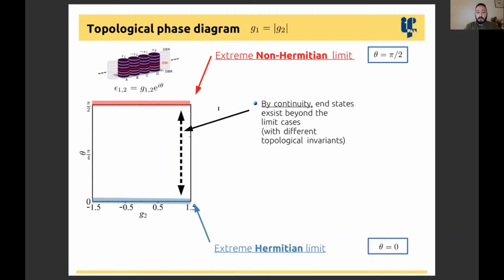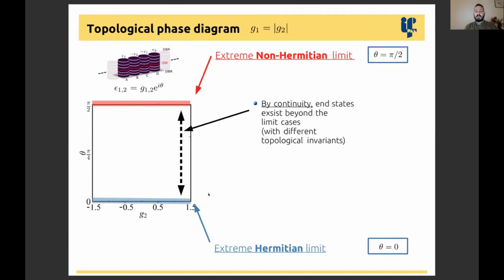The situation completely changes if the strength of the on-site potential is close to zero, if we decrease the intensity. So what we have actually is that if we start from the Hermitian limit and we increase theta, which goes towards the non-Hermitian limit, at some point from the band we will see the appearance of two other edge states. So now this is very strange.